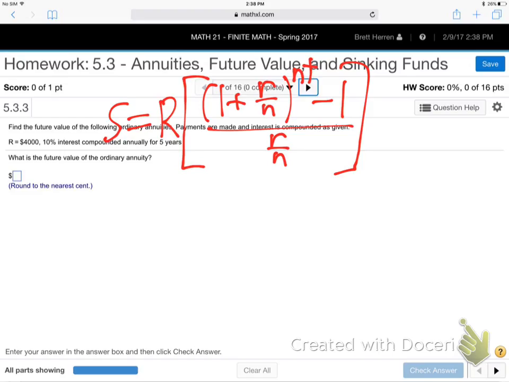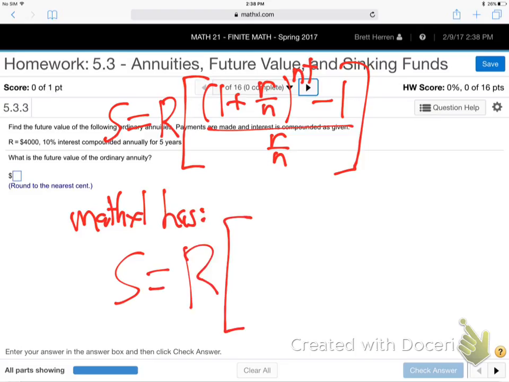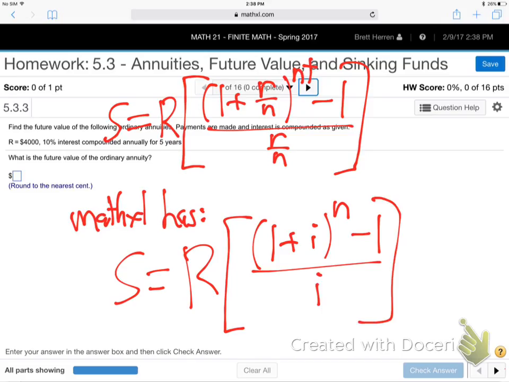Now, MyMathLab has the following. They simplify it a little bit, but I found that's hard for students. That's the same formula.